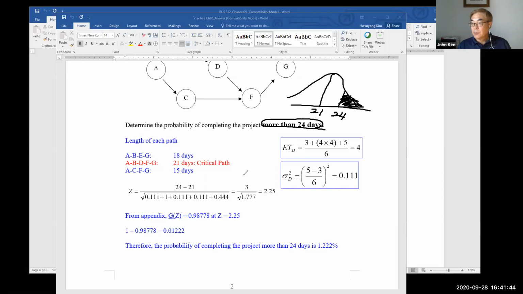Using this z-score, the area given by the chart is the left side. So the right side is 1 minus the left side. So the answer is 1.222%.